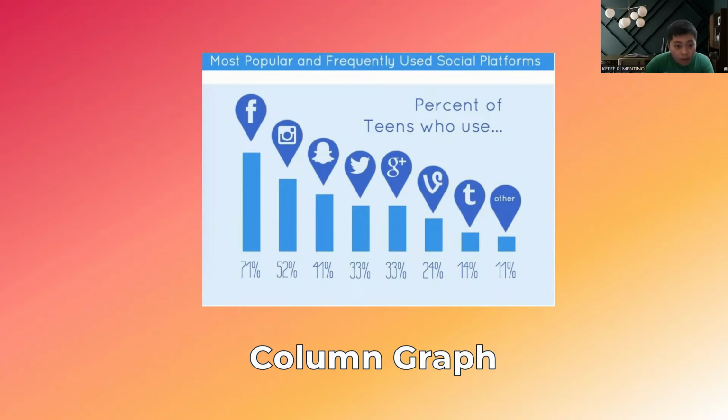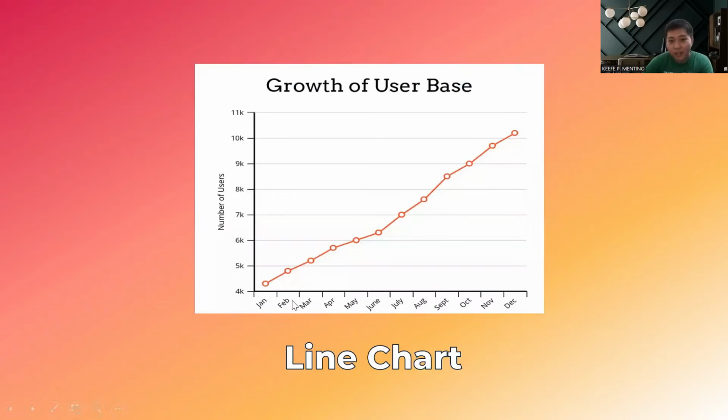Next, we also have here line chart. So, makikita natin usually mga growth ito, you keep track of a single item. For example, here, how the user base has shown growth, diba? So, as January to December, tumaas siya ng tumaas yung user base nila.